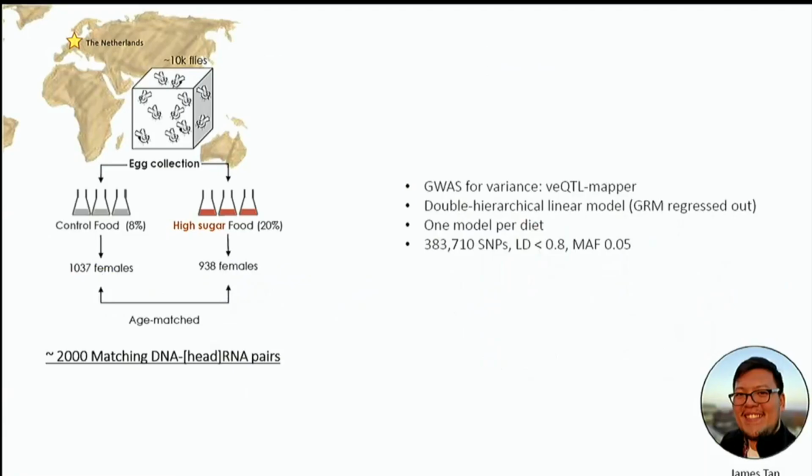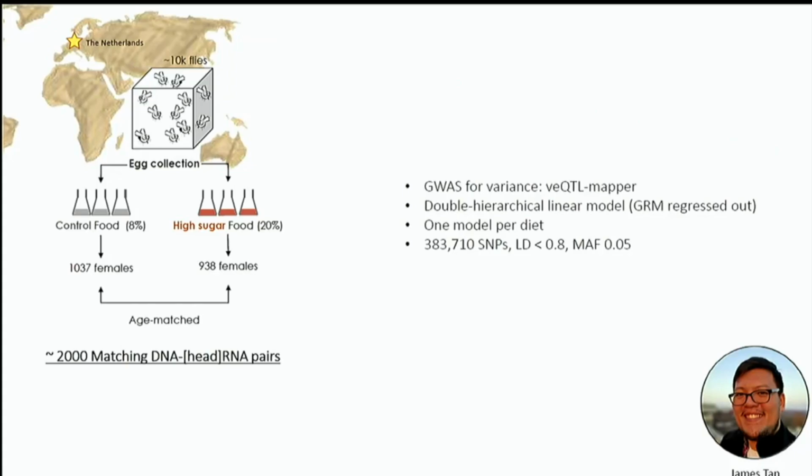I'm happy to discuss the details if you are interested in the technical points, but we used VEQTL mapper, which is an implementation to do variance eQTL. This is, again, as I said for the differential expression analysis, a double hierarchical model. You map away the mean effect of your loci first, so you are not mapping variance as mean effects, and then you map the residuals of your mean mapping, and this is how you map variance. Again, this is basically computationally impossible to run with a GRM, so you cannot run mixed models.